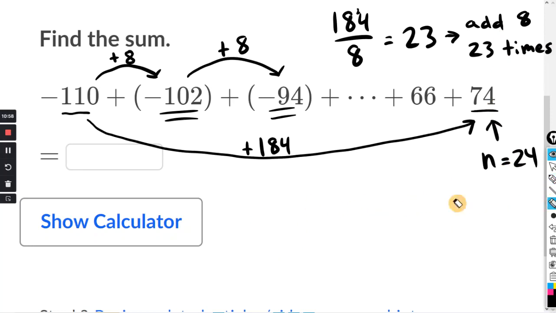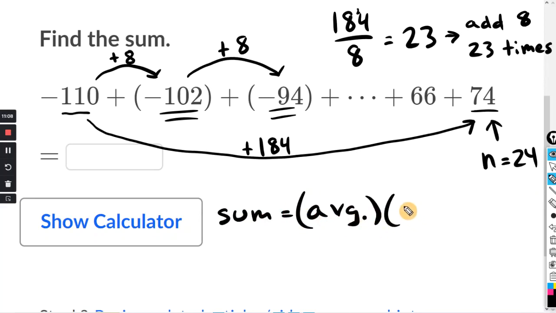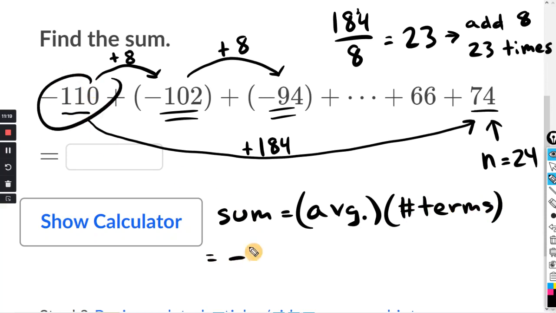Now it's very easy. We said the sum is going to be the average times the number of terms. All right, the average is the first, which is negative 110, plus the last, which is 74.